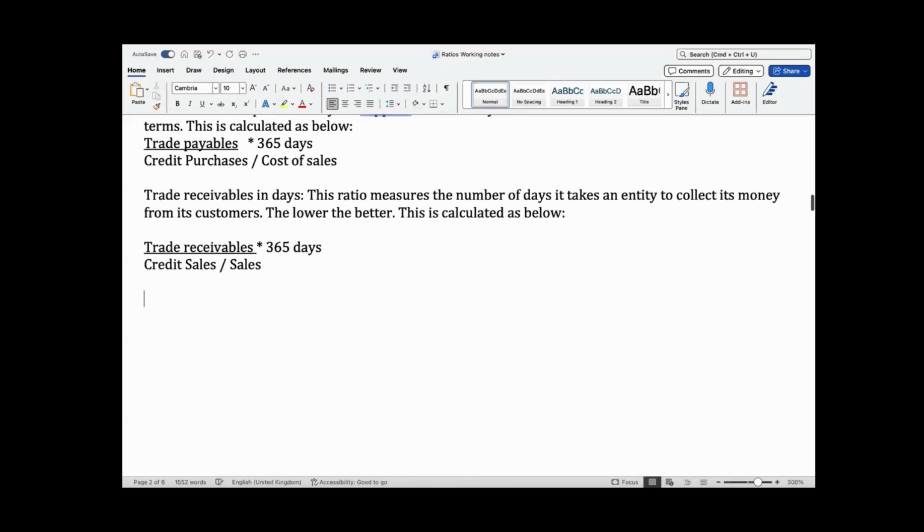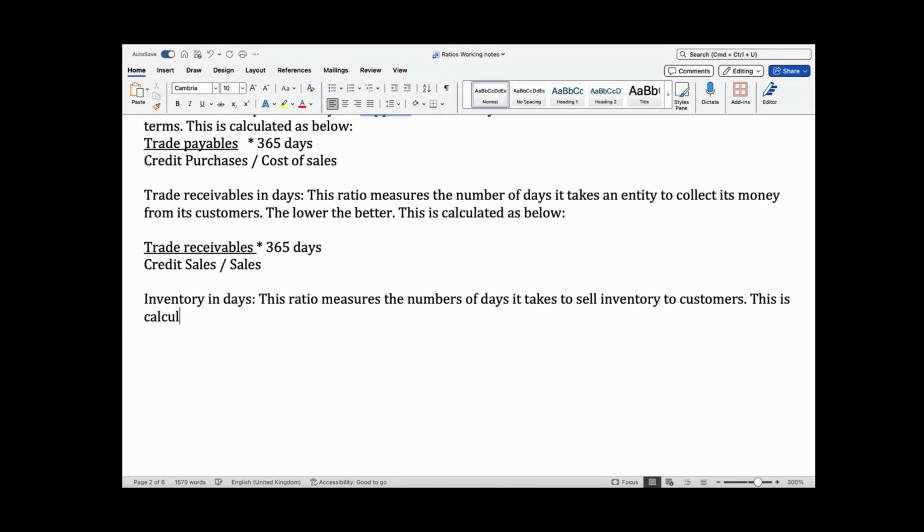Then we have inventory in days. And this ratio measures the number of days it takes to sell inventory to customers. So how many days does it take you before you sell your goods to the customer?